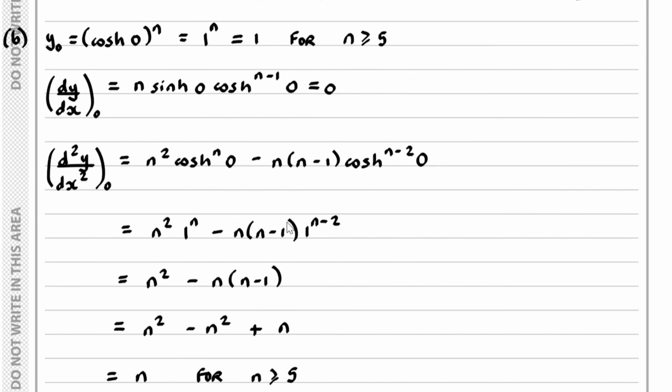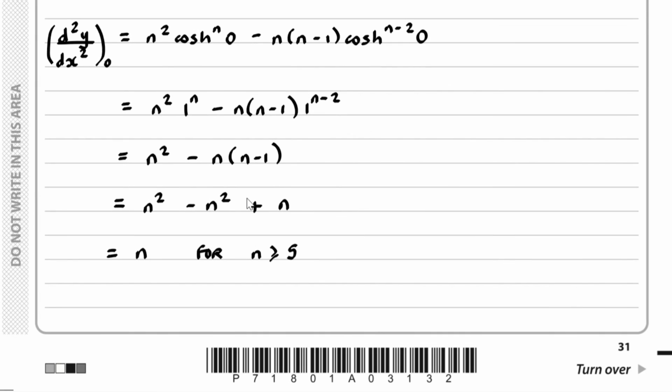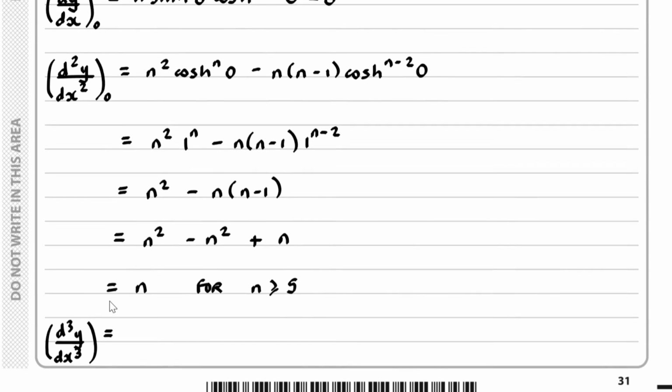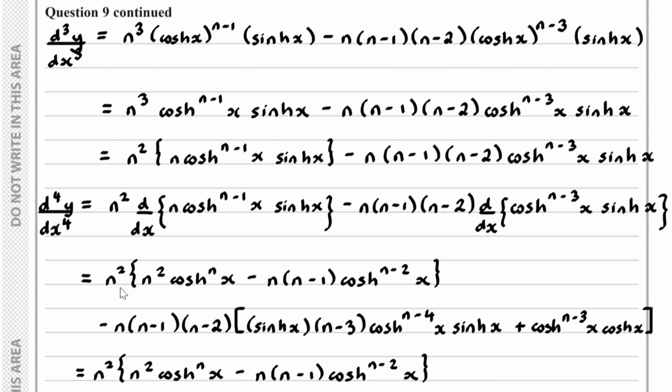I want the first three non-zero terms, so I need to work out what d3y over dx3 is. I know what the third derivative is.